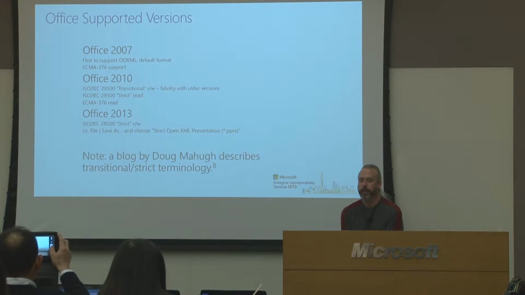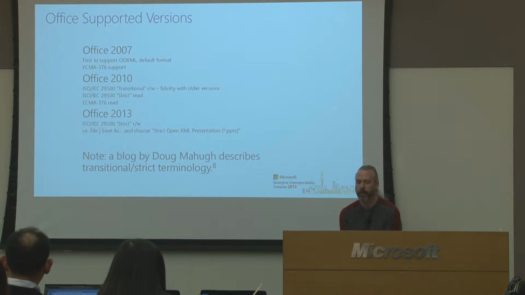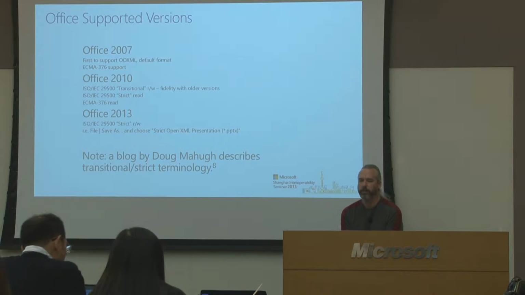It was able to read the ISO-IEC 29500 strict conformance, and we'll talk about what strict and transitional mean. But it was also able to read and write the transitional format, which gave it fidelity or compatibility with older versions of Office.